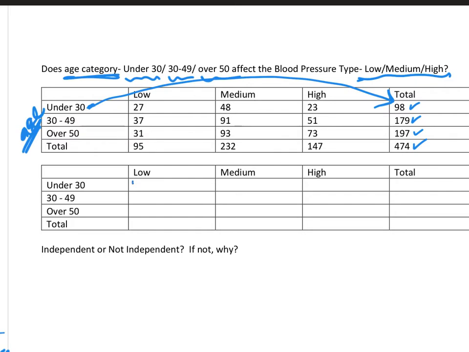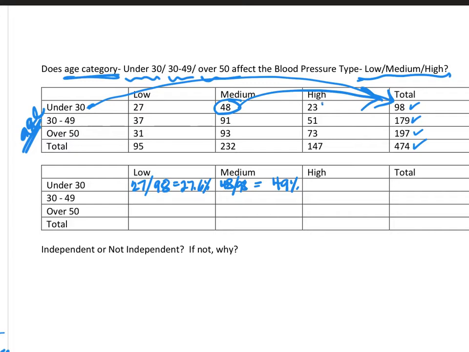Given, there are 27 out of the 98 total in the under 30 category that have low blood pressure, and that is your 27.6%. Now medium is this 48 over your total, and that is your 49%.